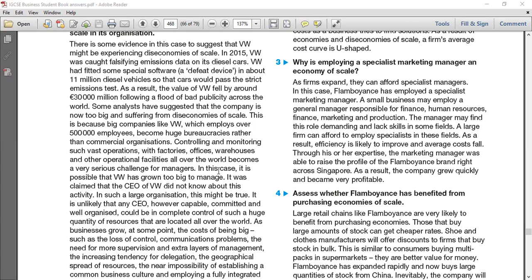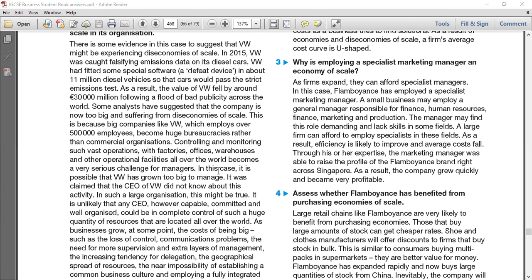Okay, thank you. So normally this is asking what is the impact of employing a specialist marketing manager. It's a result of that, because it's a Singapore based company, and there's a demand. A small business can't afford a specialist marketing manager because they are very expensive. So a general manager is responsible for finance, human resources, everything. A small business is like a one-man role, but a large business can appoint a specialist person for each specialist section.